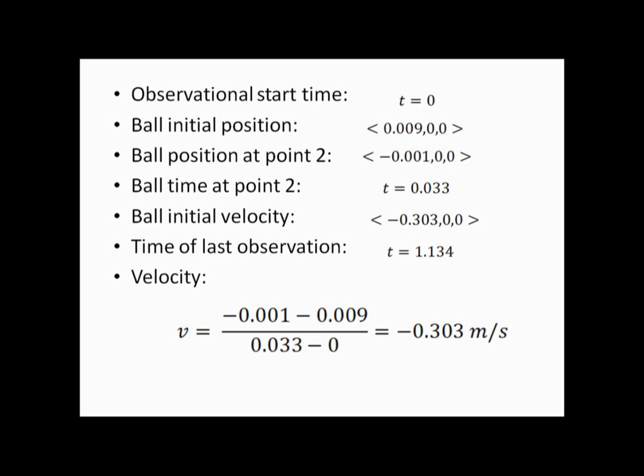I also found the ball's initial position at time equal to 0, which was 0.009 meters, and the ball's final position at negative 0.001 meters, and from there I calculated the final velocity. The formula shown at the bottom shows the calculation for the velocity, which was then inserted into the Python code to calculate the position of the ball during the designated time interval.